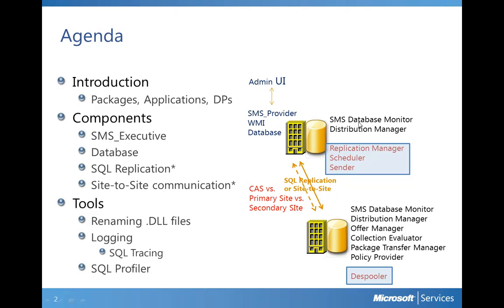For example, we have our SMS database monitor, which you'll see as we go through the demo. You see Distribution Manager at a CAS, which, by the way, is a piece of site information. If you've been tying some things together as we go through this, I've said before that the CAS does not have the ability to have a distribution point.